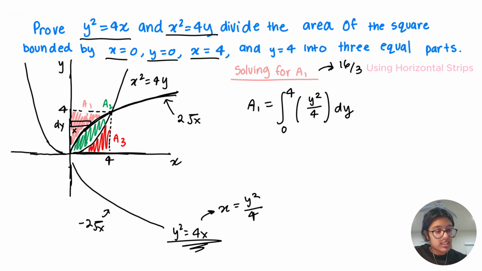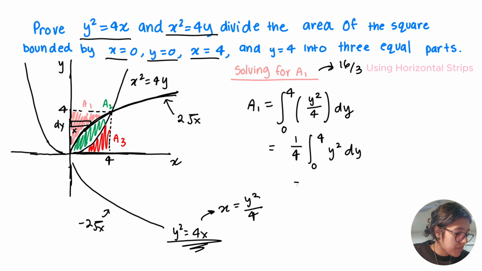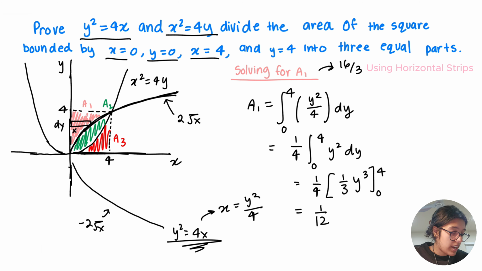But either way, you get the same answer, because if I try simplifying this, I'm going to take that 1/4 out, because it's a constant, y squared dy. 1/4, 1/3 y cubed, 0 to 4.